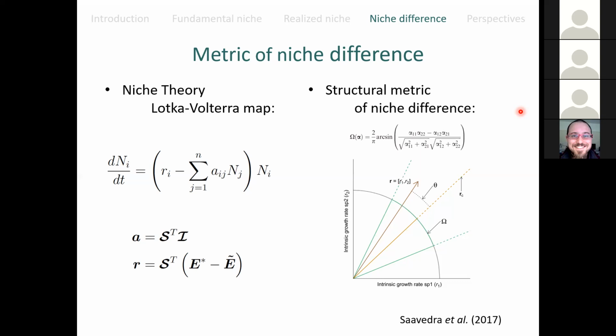Actually, the slide that you have right now on the screen is quite instructive. So what turned out is that the effective interaction matrix, your A, that one, exactly, is the sensitivity transpose times impact, so the scalar product of sensitivity and impact, which you could also write as the sum over the regulating factors, or the different environmental factors as you called them, of species i's sensitivity with species j's impact.